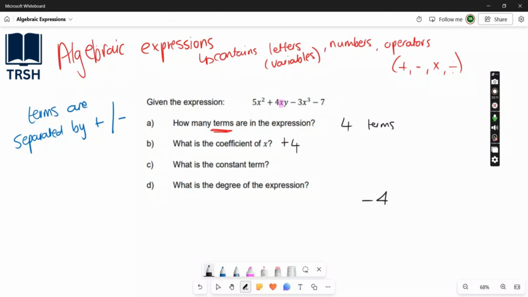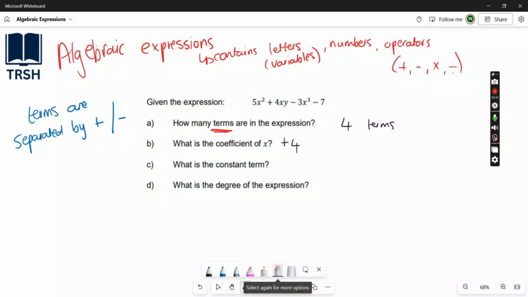If this was negative 4xy, then the coefficient of x would be negative 4. If they ask what is the coefficient of x squared, then we look at x squared and we can see it's a positive 5, so we say positive 5. So always make sure that you take the sign along with it, so that you don't lose any marks. So the coefficient of x is 4.